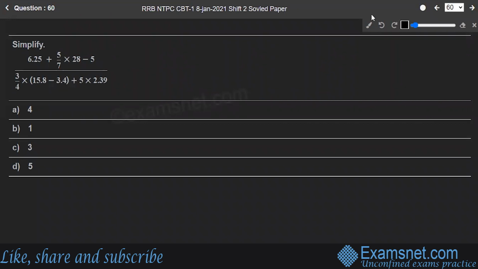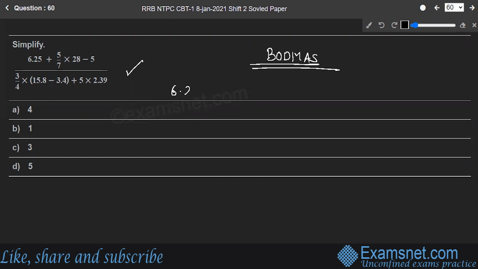Question number 60. You have to simplify this given expression. So mathematical question, you have to simply keep in mind the BODMAS rule while solving this problem. Not a big problem, just a simple one. Just the decimals and the fractions are involved. So let's write it down.